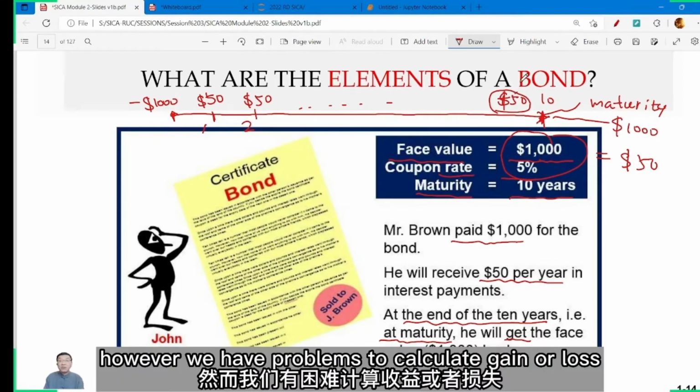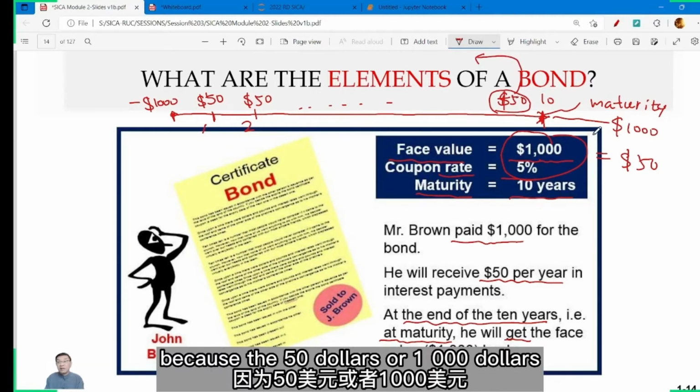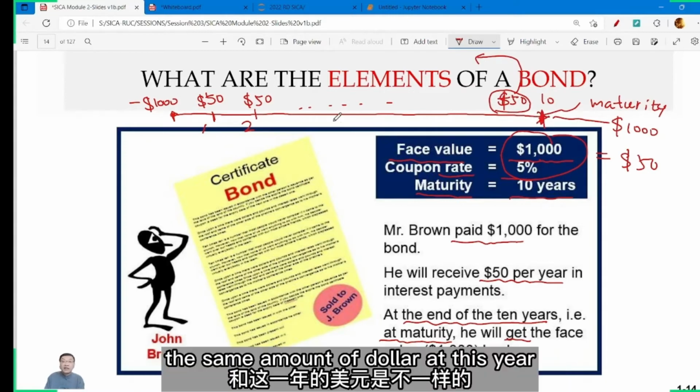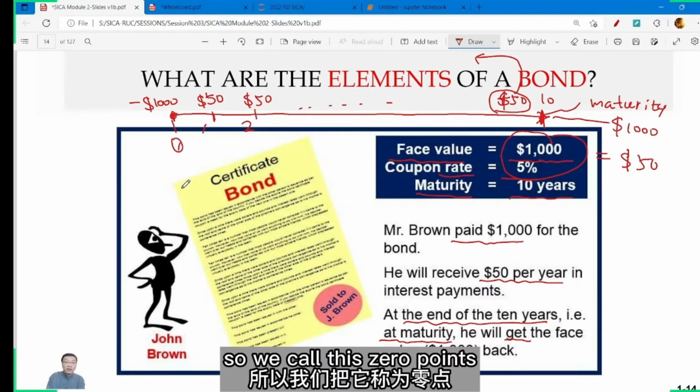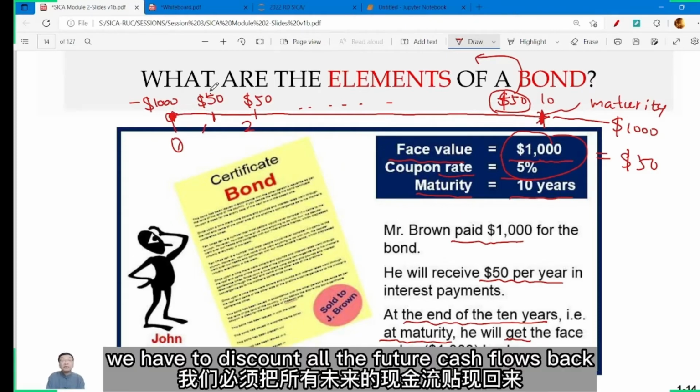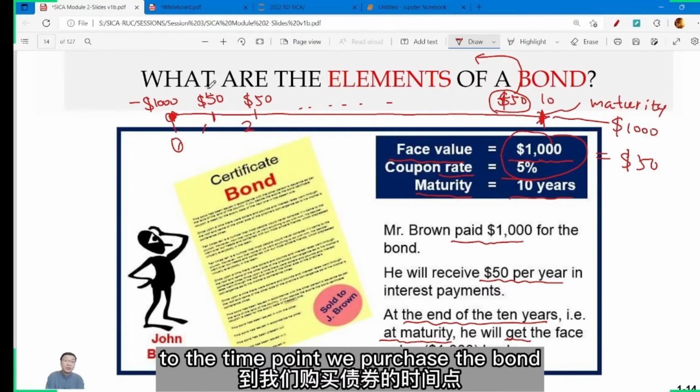However, we have problems calculating gain or loss because the $50 or $1,000 after 10 years has a value different from the same amount of dollars at this year. So we call this time point 0. In order to calculate our investment value, we have to discount all the future cash flows back to the time point we purchased the bond.